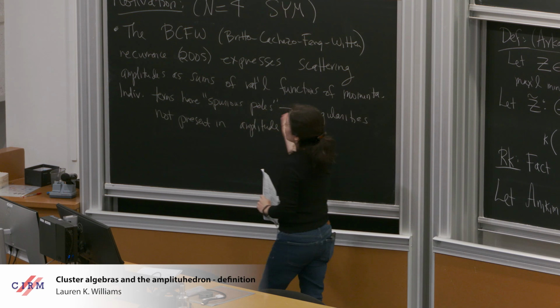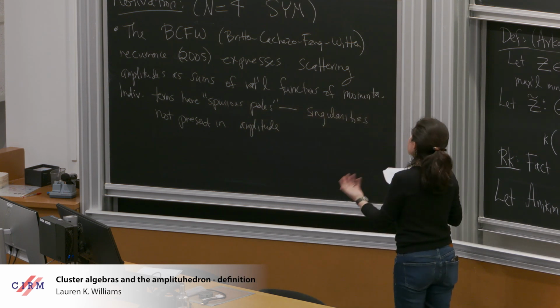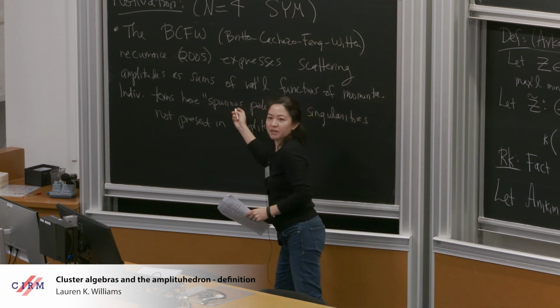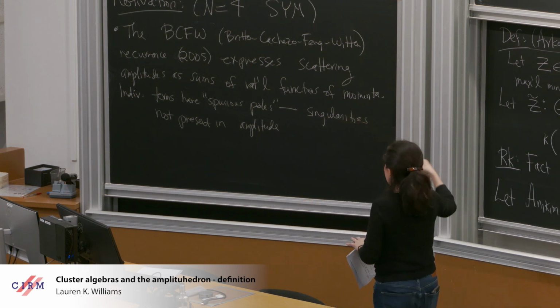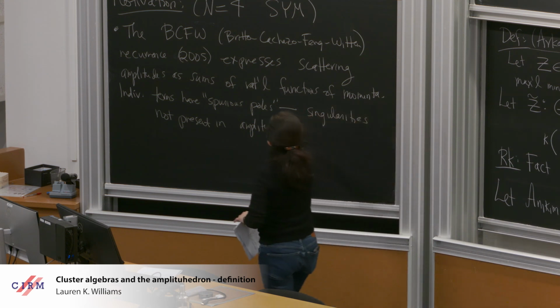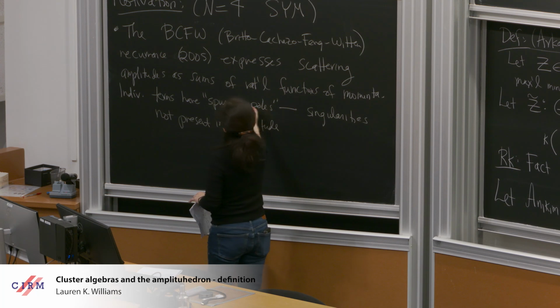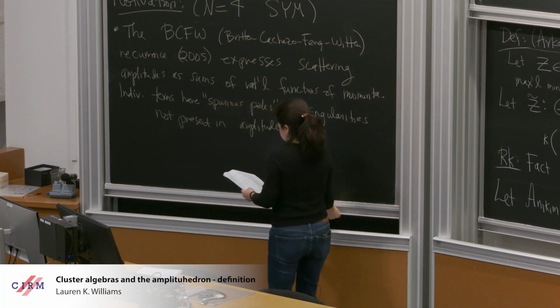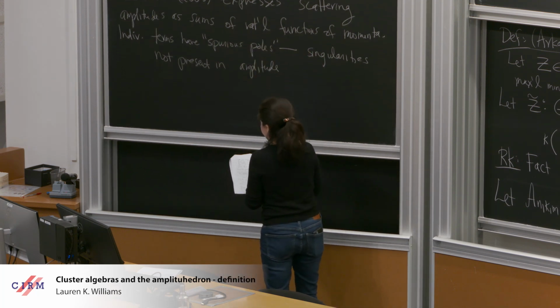So when you sum all of the terms up, you get something where these poles have disappeared. But the BCFW recurrence itself is this sum of terms where you get some spurious poles.